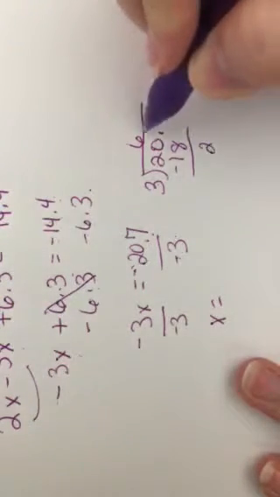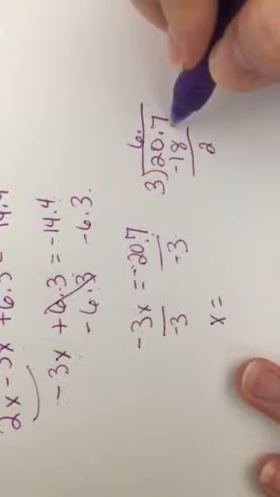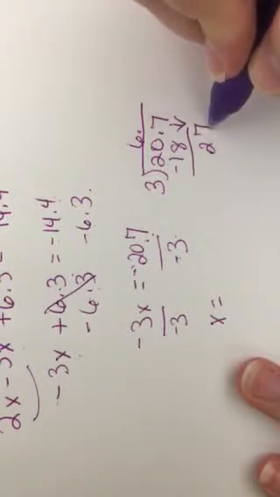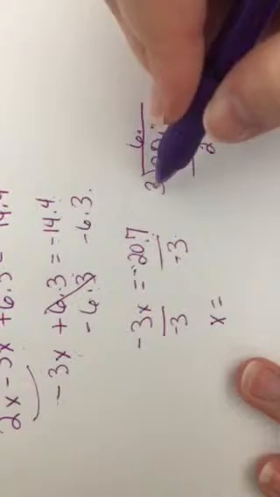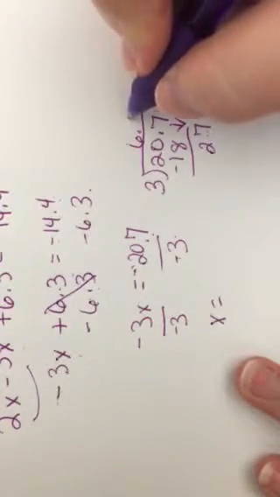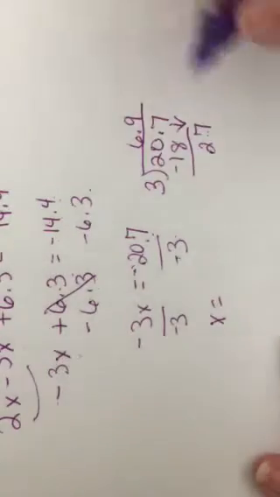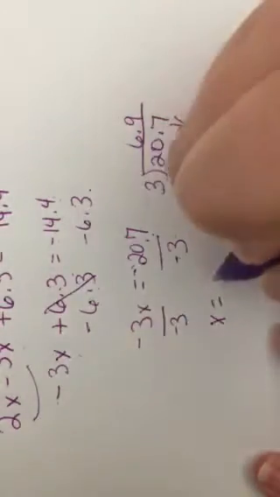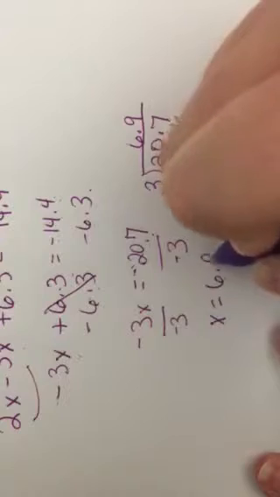Subtract. Go ahead and put your decimal up there so you don't leave it out of your solution, and bring down the 7. How many times will 3 go into 27? Hopefully you said 9. And so your solution is x equals 6.9.